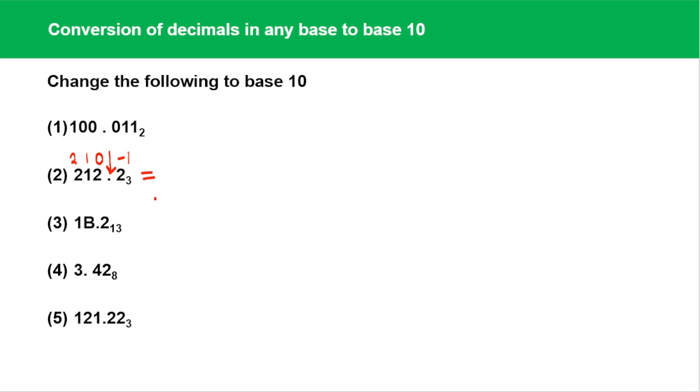So the next step will be to expand this by using each digit multiplied by the base raised to the power assigned to the digit. So this will be 2 times 3 raised to power 2 plus 1 times 3 raised to power 1 plus 2 times 3 raised to power 0 plus 2 times 3 raised to power -1.